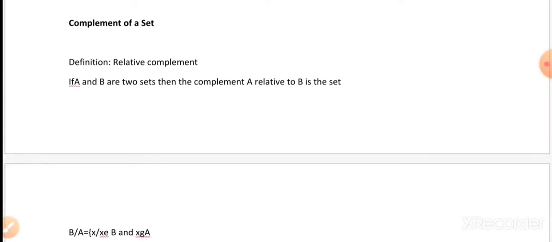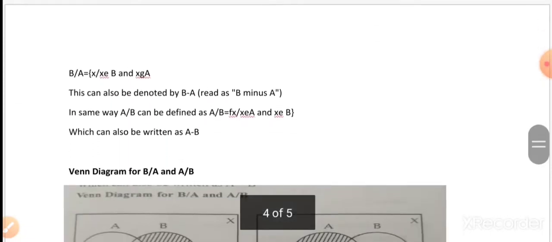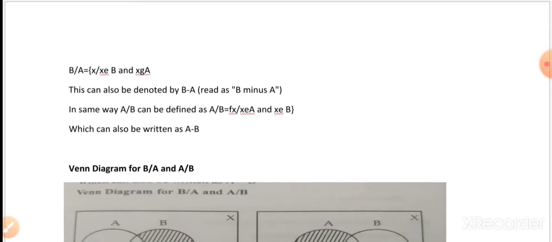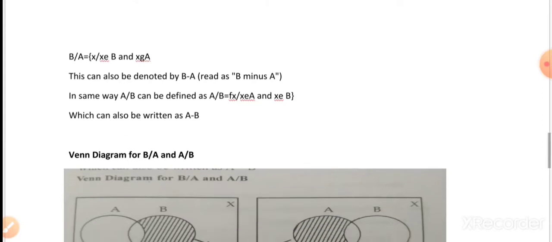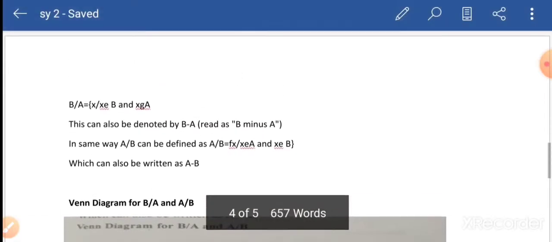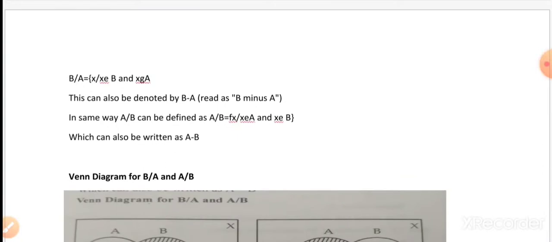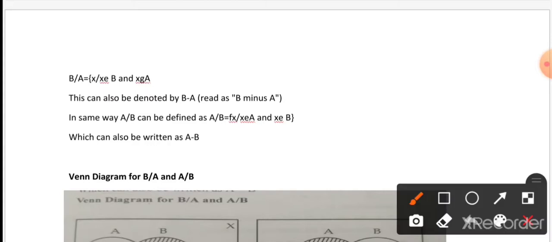If A and B are two sets, then the complement of A relative to B is the set B upon A, equal to the set of x such that x belongs to B and x does not belong to A. This can also be denoted by B minus A. Similarly, A by B can be defined as the set of x such that x belongs to A and x does not belong to B, which can also be written as A minus B.